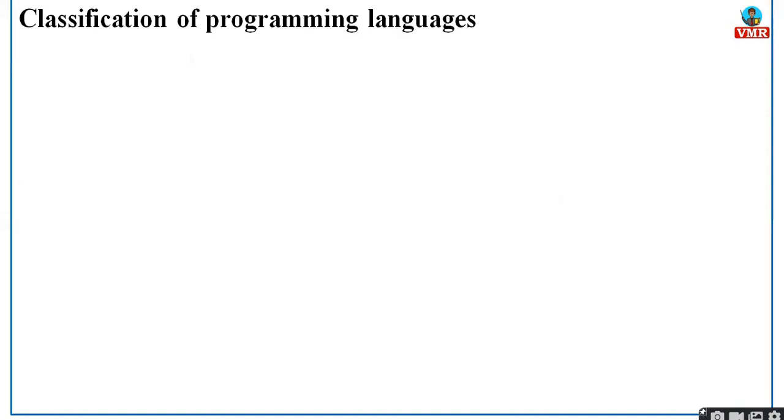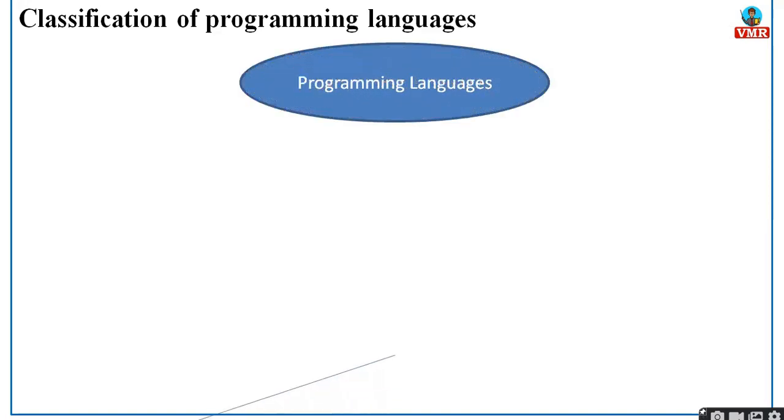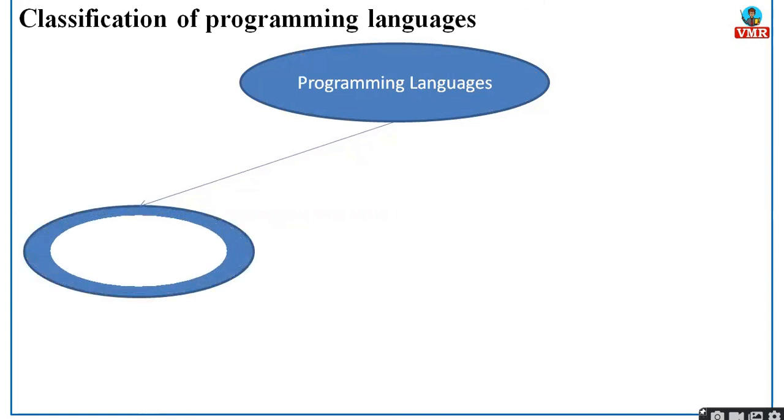Next comes, before writing that program, we need to know actually how many types of programming languages there are, right? So there are generally three types of programming languages. As I said, the classification of programming languages is of three types. That is, the first one is high level language, and assembly level language, and machine level language.